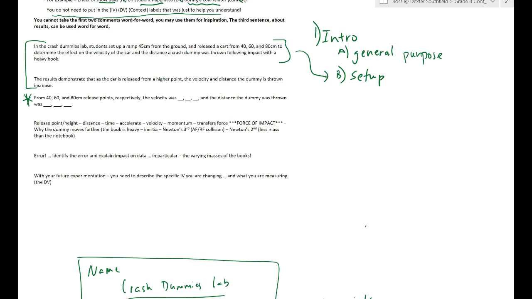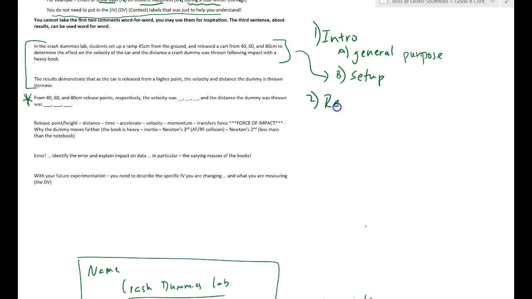We've done it with both the velocity lab and the momentum lab. Remember here that the purpose was for students to measure the effect of release point on not just the velocity of the car, but also on the distance the dummy was thrown. I kind of just gave you the answer. Then, here's an example of a setup sentence. Again, don't use that word for word, but you can write something pretty close.